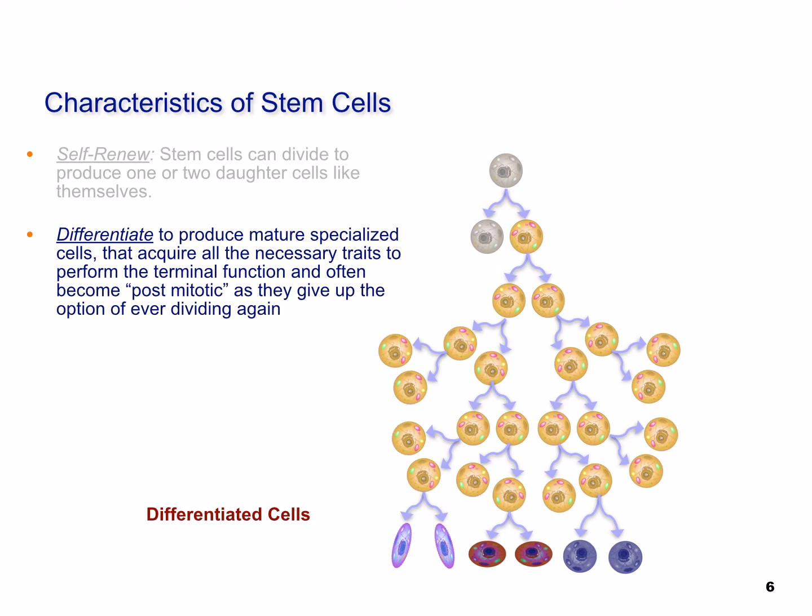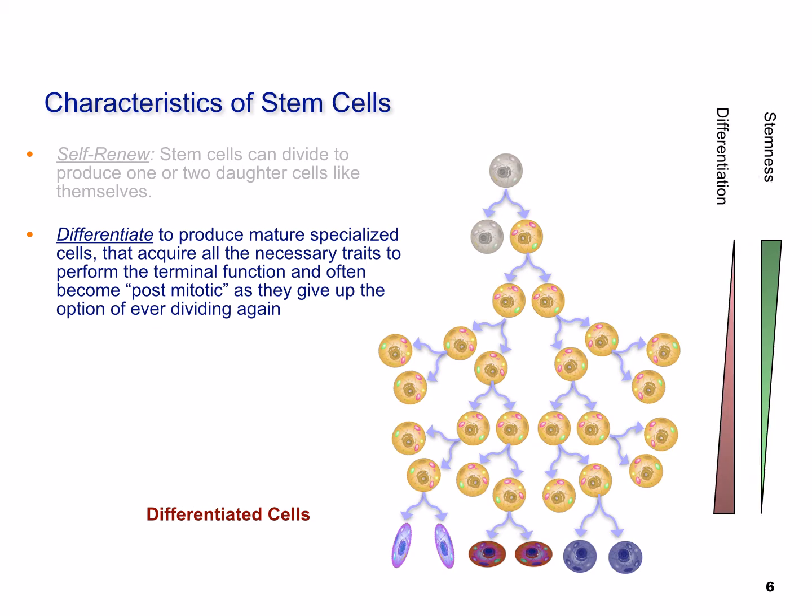Because the proliferation amplifies the number of differentiated cells eventually produced, the precursor cells are called transit amplifying cells. And as these transit amplifying cells undergo proliferation and more specification or differentiation, they lose their stemness and they acquire more of a differentiated phenotype.